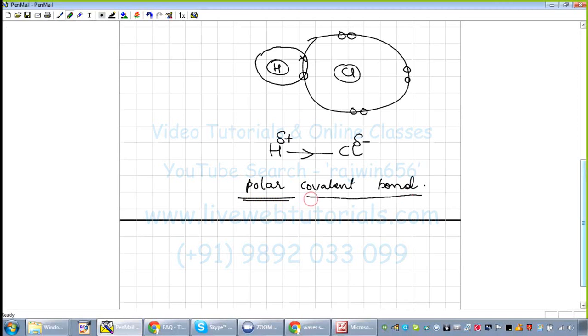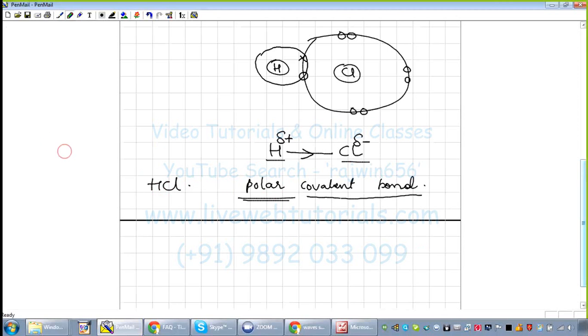Polar means it is polarized. It means one of the atoms is slightly positively charged, the other is slightly negatively charged, because the chlorine atom has a greater ability to pull that shared pair of electrons more towards itself. So this was a polar covalent bond, that was for HCl.